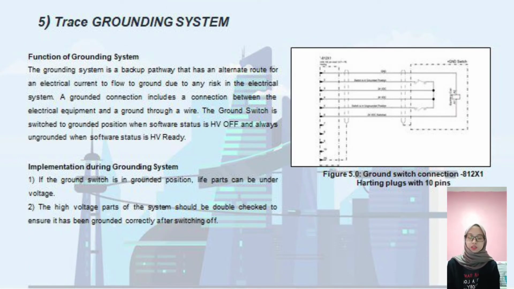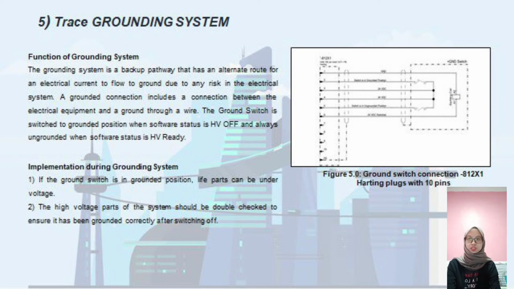The last one of the most important sections in the frequency converter is the trace grounding system. I will explain a bit about it. A grounding system is a backup pathway that provides an alternate route for electrical current to flow to ground due to any risk in the electrical current such as fire and overcurrent.